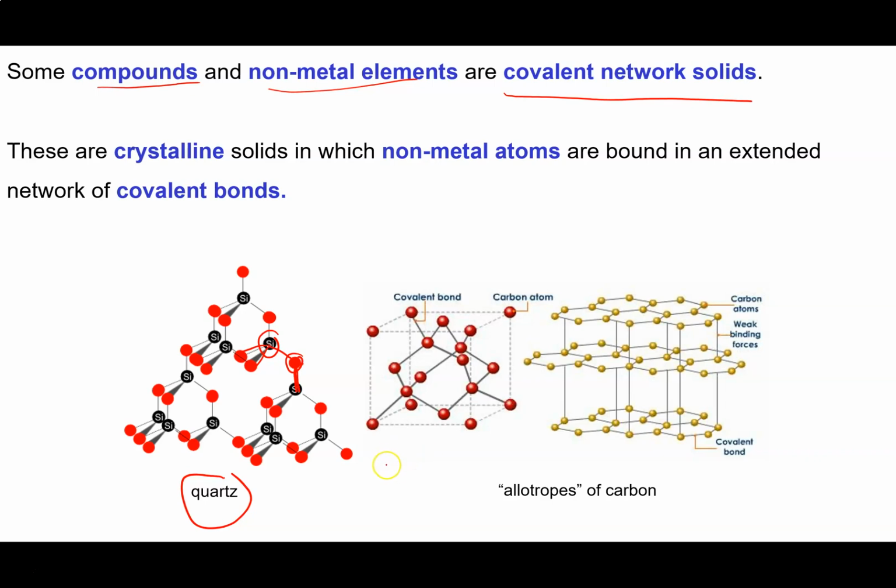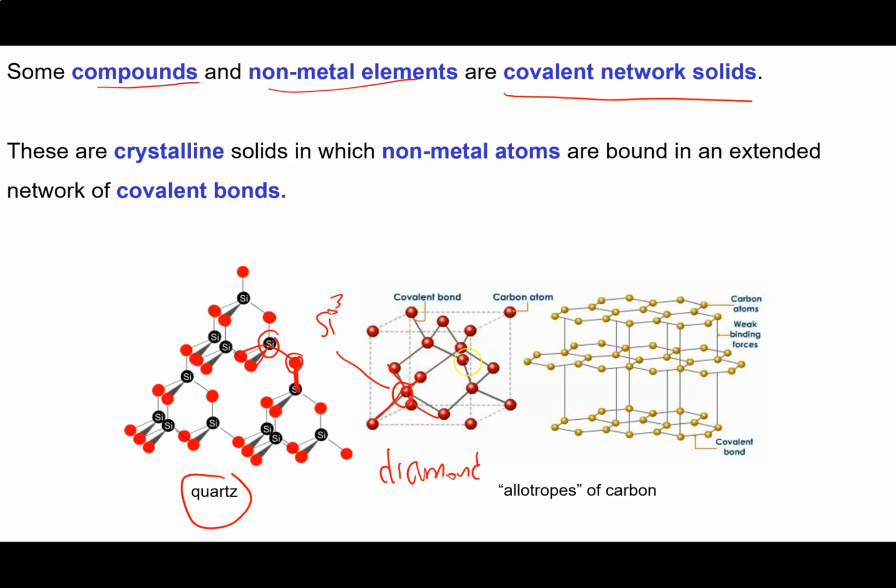Another example of a covalent network solid is diamond. In diamond we have sp3 hybridized carbon atoms that are tetrahedrally coordinated, bound via covalent bonds to four other carbon atoms.